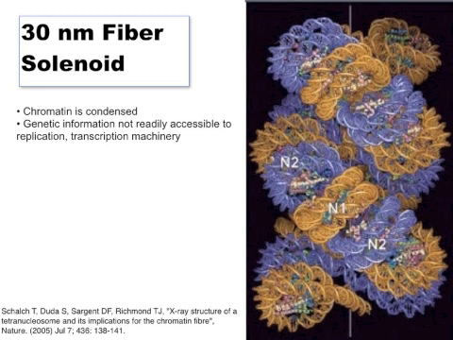This is fine if you just want to store the DNA, but if you actually want to use this DNA, the solenoid has to be unwound so that the enzymes and other proteins that function during replication or transcription can actually get access to the gene itself.